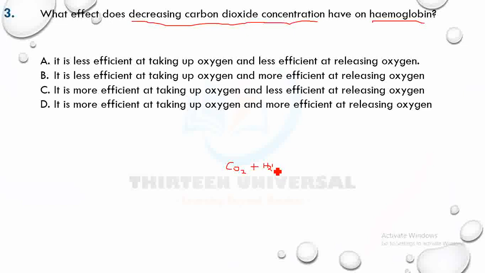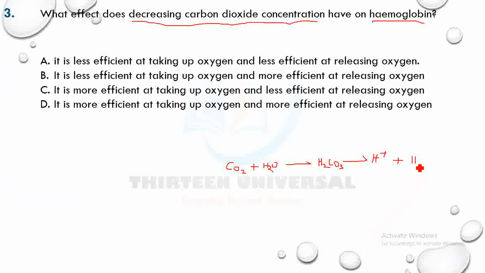Then it forms carbonic acid. This first reaction is catalyzed by an enzyme called carbonic anhydrase, but this acid is weak, so it dissociates to form a hydrogen ion, that's a proton, plus a hydrogen carbonate ion.